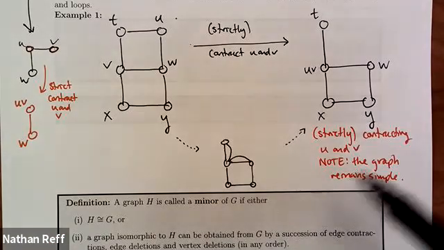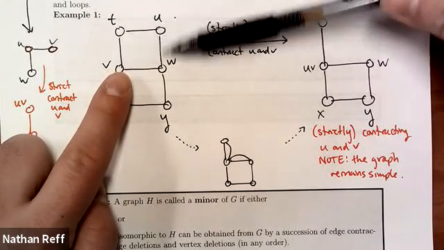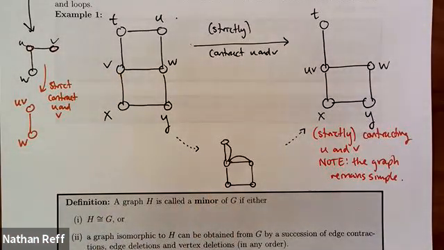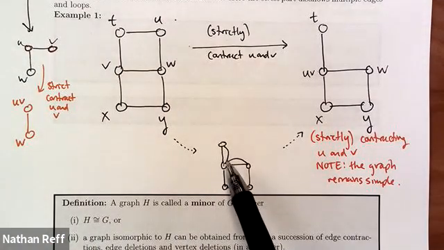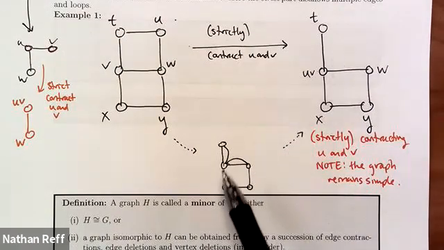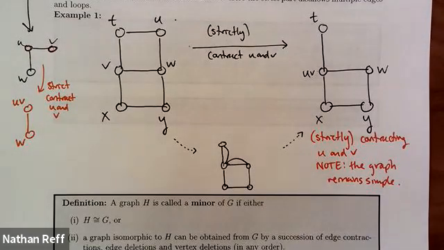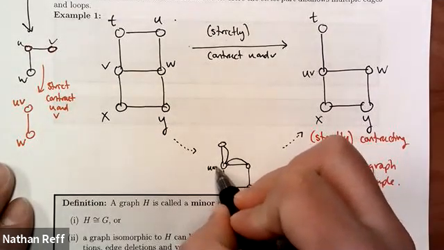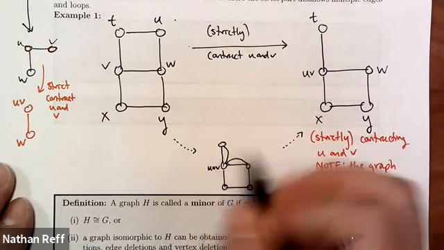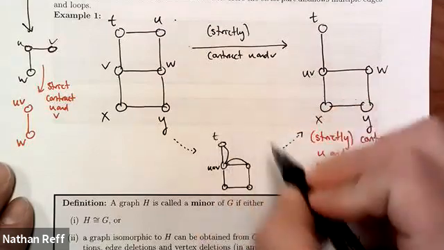You agree that if I identified these together, then I would still have this edge and this edge. So the picture would look like that. But because this resulting graph is not simple, we are not going to allow these multiple edges. So you can think of it as either identifying them together or deleting the extra edges. We still have U equal to V here. You could call it either UV or just U or V, it doesn't really matter.